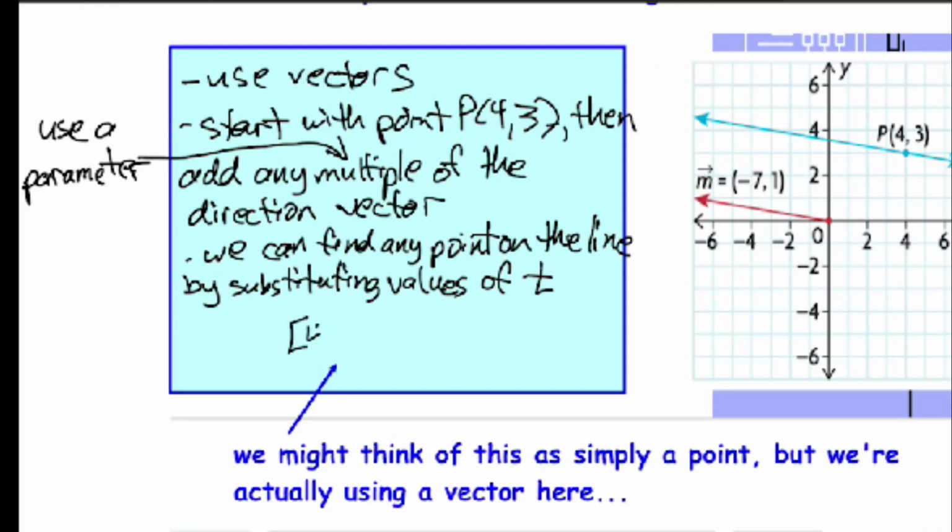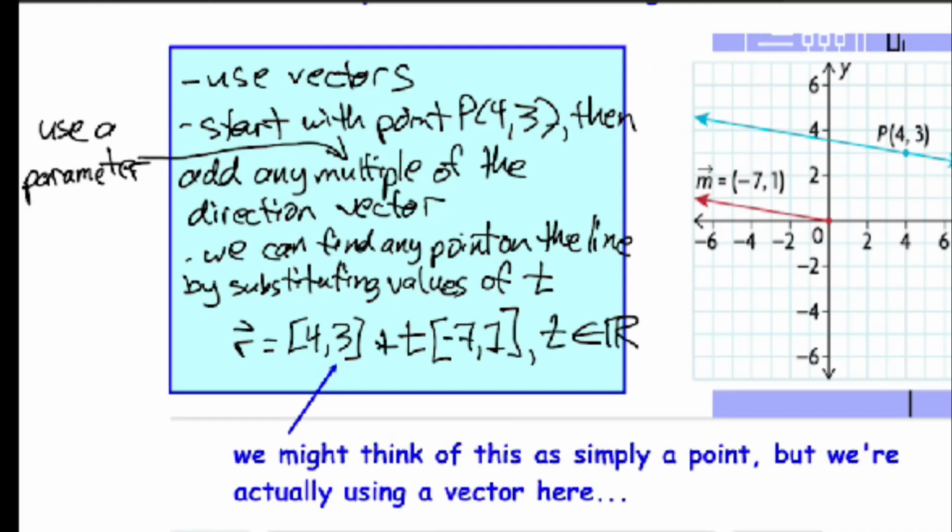So r equals my point. And notice here, we might think of this as simply a point, but we're actually using a vector here. So I'm going to have my point plus my parameter t times my direction vector, which is already given, (-7, 1), where t is an element of the real numbers. So t belongs to the set of all real numbers, so we can have any real value for t that's allowed.